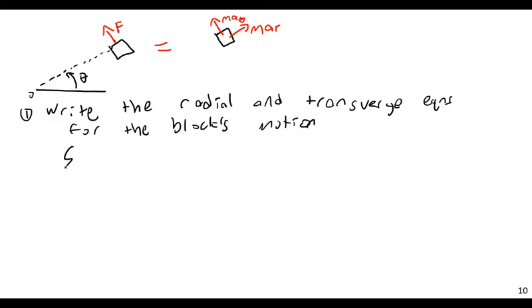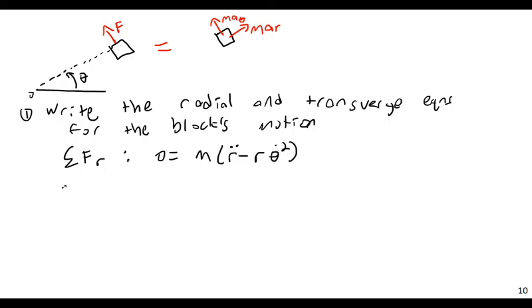So the summation of forces in the R direction is going to be equal to, well, there is no force in the R direction, so it's just going to be 0 equals MAR, which, as we saw earlier, is equal to M times R double dot minus R theta dot squared.